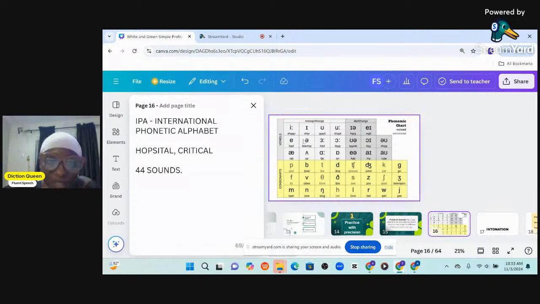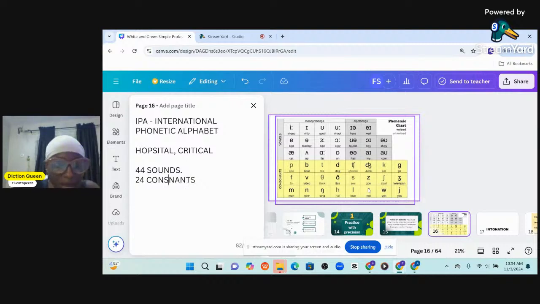Now, if you look at this chart, the background has different colors. For the consonants, the consonants have yellow background, and there are 24 consonants. And they all have the yellow background. Then we have 20 vowels.